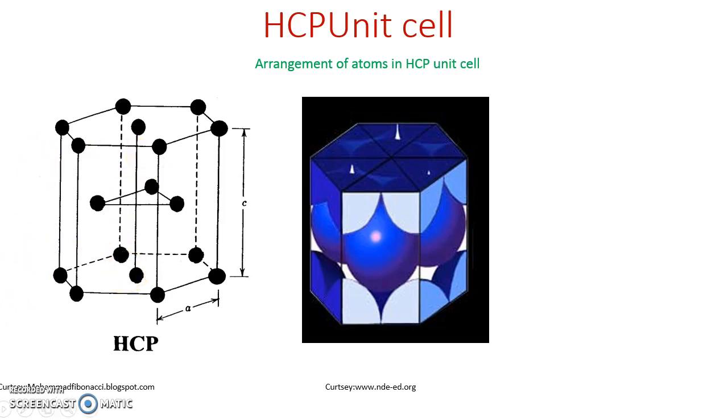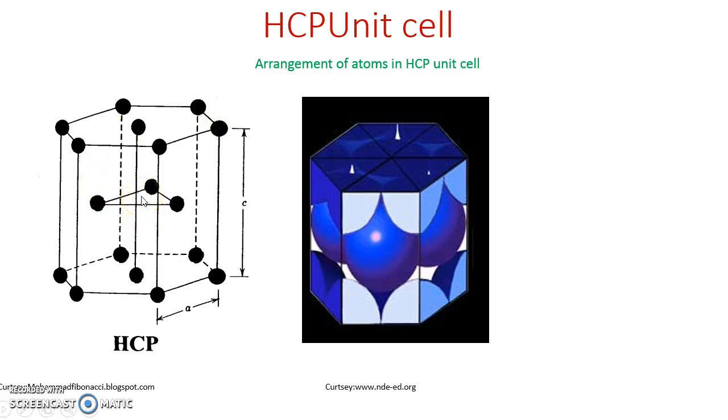With these atoms, one more layer is there, which is totally inside the unit cell, and this layer forms these 3 atoms. So number 1, 2 and 3. So in this way, total lattice sites are 12 plus 2, 14 plus 3, 17.